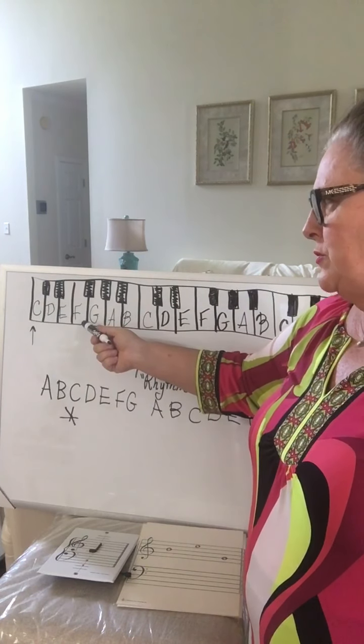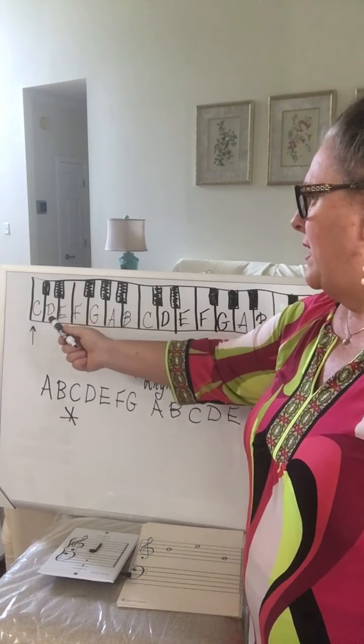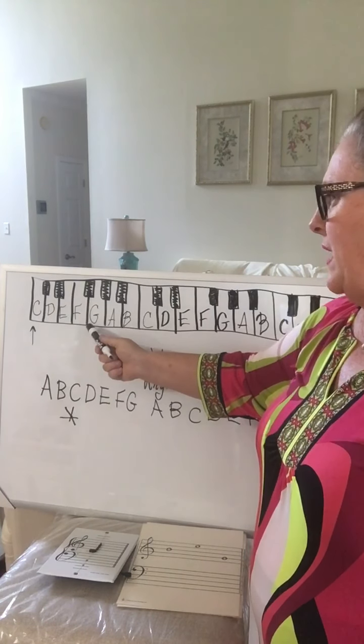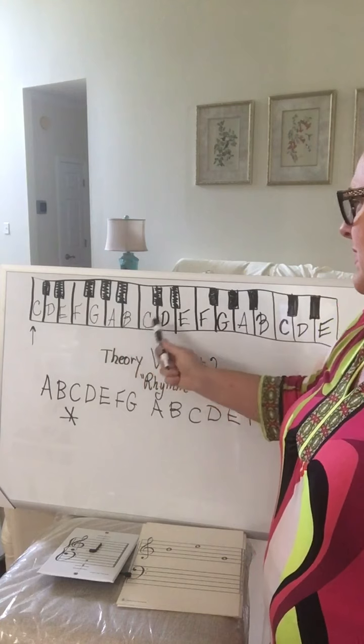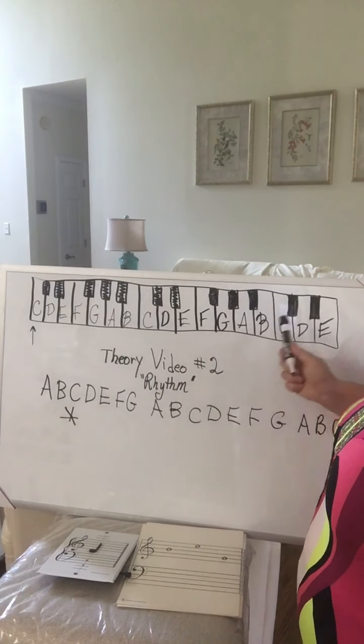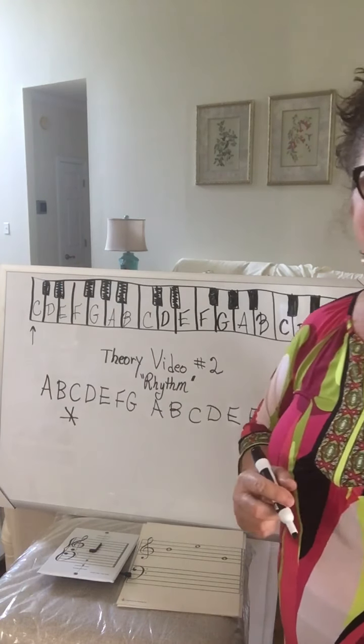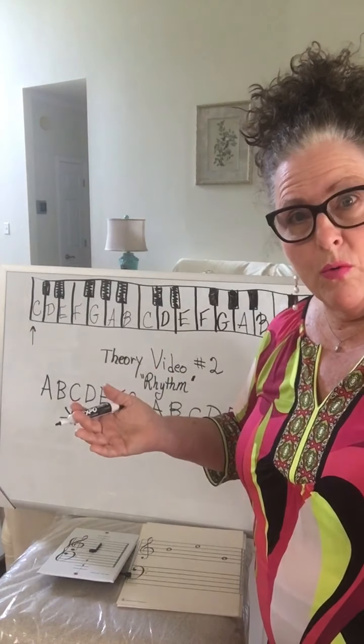That's where we all start when we're learning to play. C, D, E, F, G for the right hand. Then A, B, C, D, E, F, G, A, B, C, D, E, F, G, and so forth until you get to the end of the keyboard.